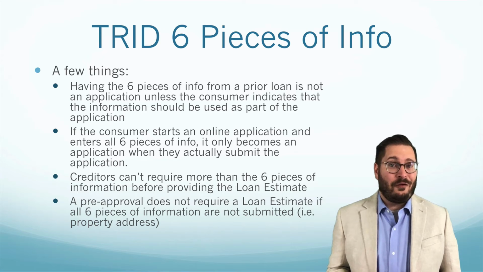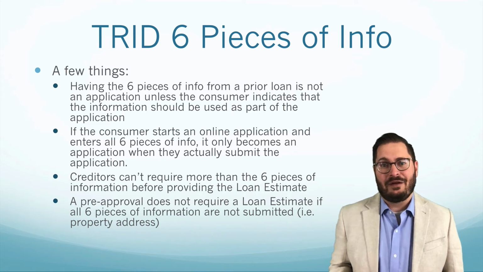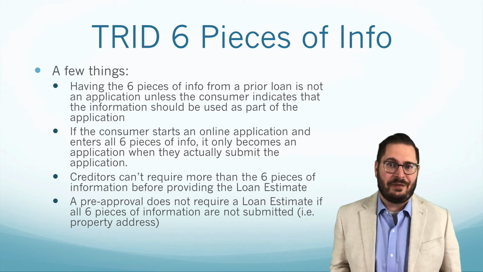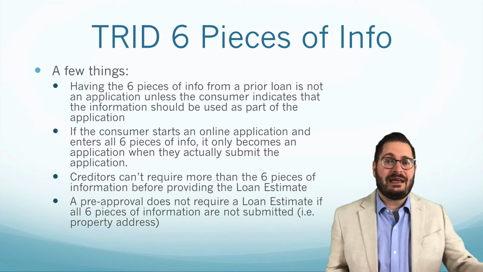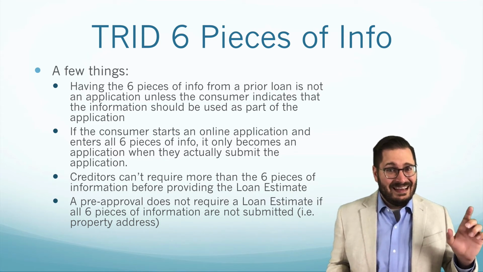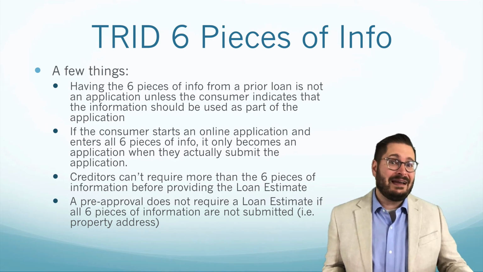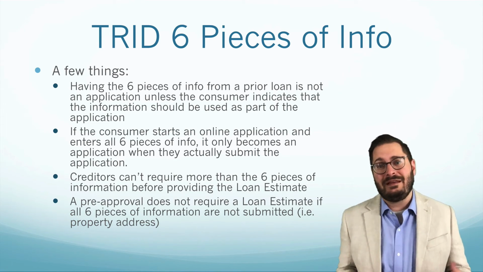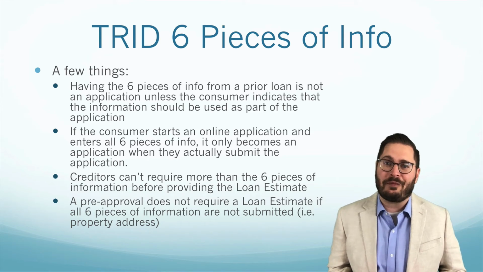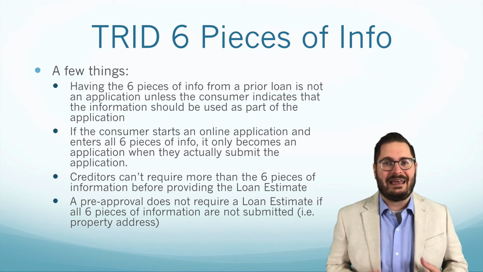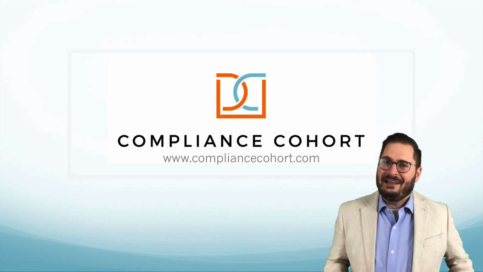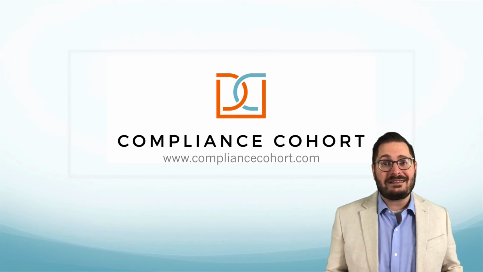So therefore, we're not required to send a loan estimate if we don't have all 6 pieces of information. Now, sometimes people come in and say, I want to buy this property and I want to get pre-approved. Well, that property address and the other items may actually be a complete application. So you do have to be careful on pre-approvals to determine whether or not you have an application that requires a loan estimate. That's all I have for you today in this compliance clip.